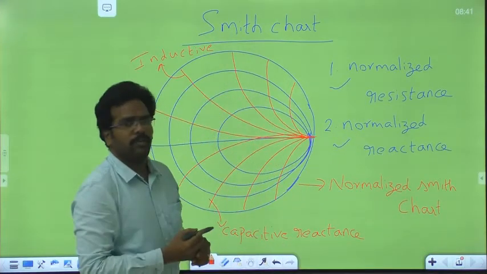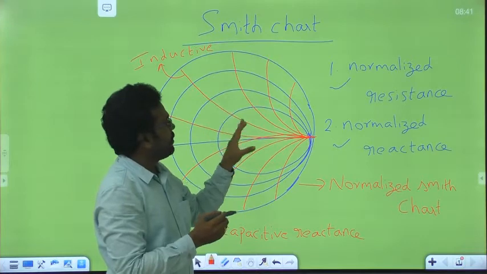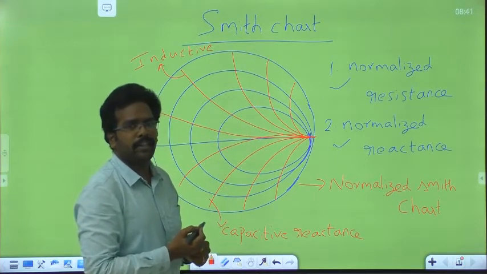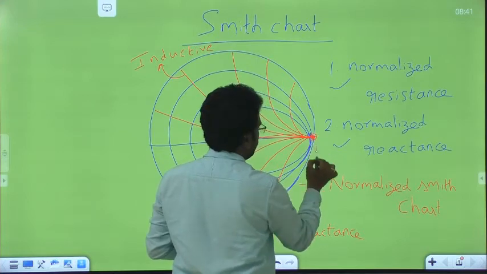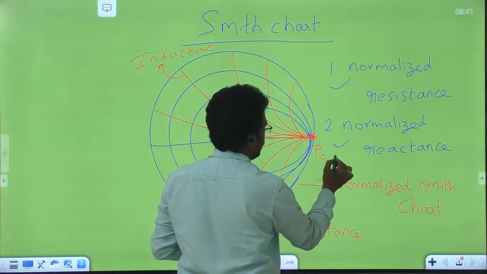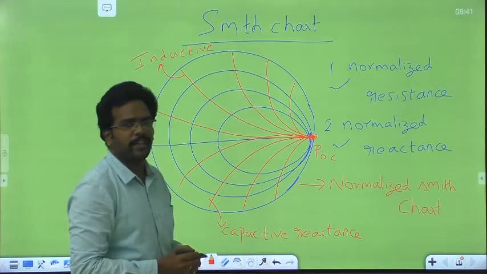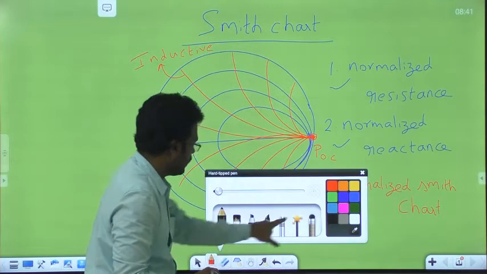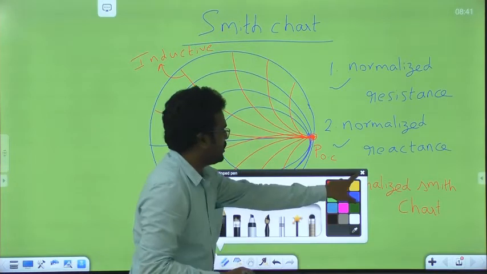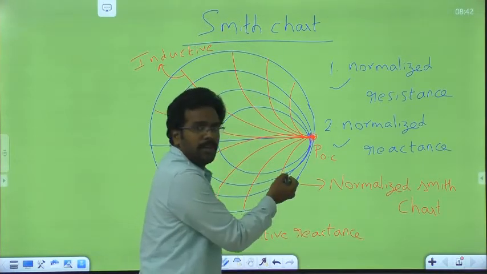Okay, so we should remember some of the important points regarding the Smith chart. This point is called POC, nothing but the open circuit point. At this point, what is the impedance?